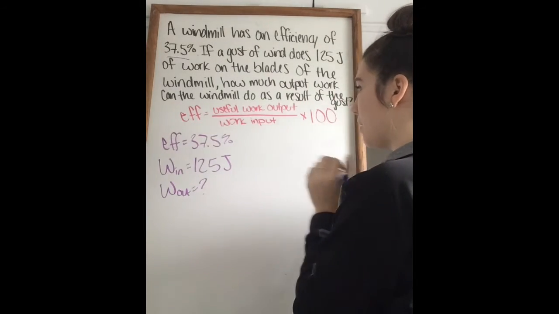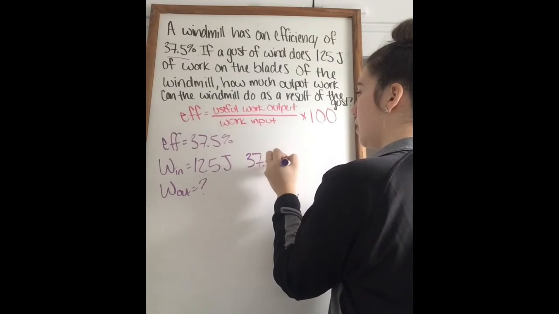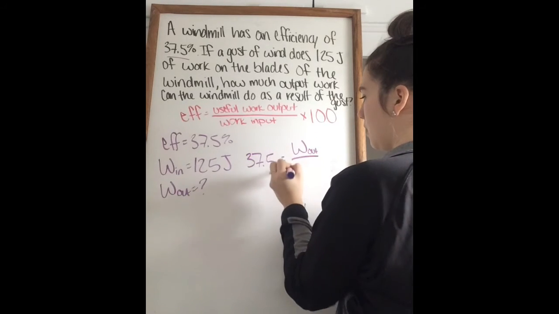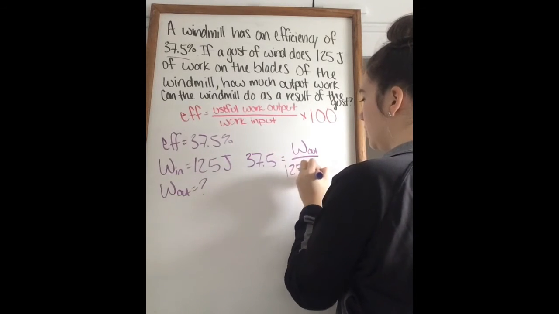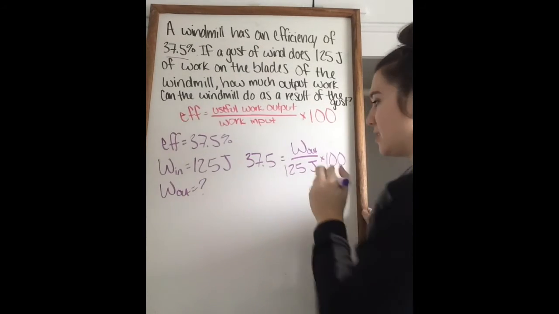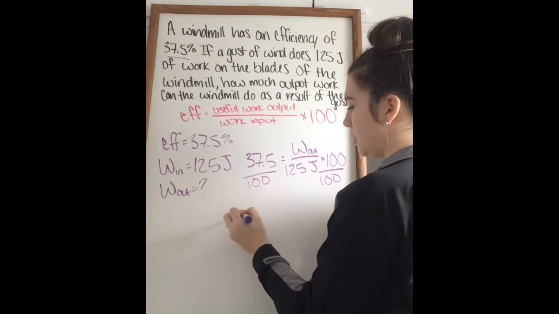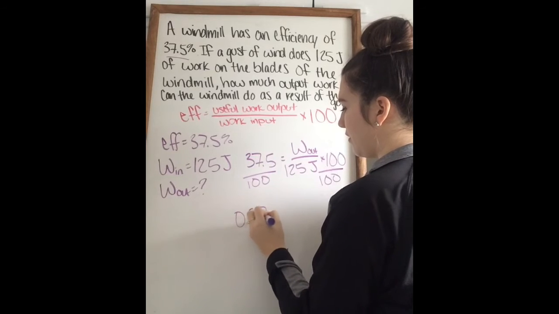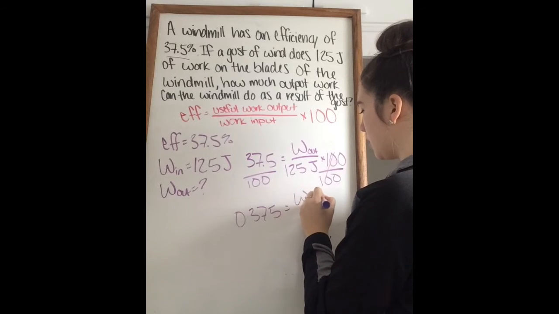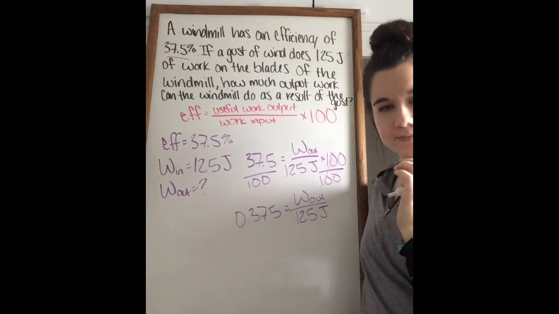So I can plug things in my equation right away again. I have 37.5 equals, this time I don't know my output work, over 125 joules times 100. So again, let's get rid of this 100 first by dividing both sides by 100. So I have 0.375 equals my output work over 125 joules.